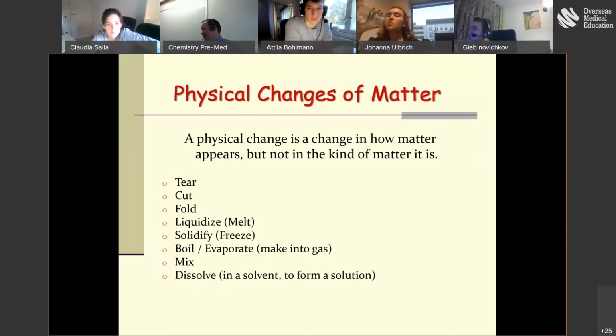Melting is the real one you need to know. That's what people use. Okay, so that's solid to liquid, of course. Okay, and the reverse of that is solidifying or freezing, depending on the temperature, really. Okay, which is liquid to solid.